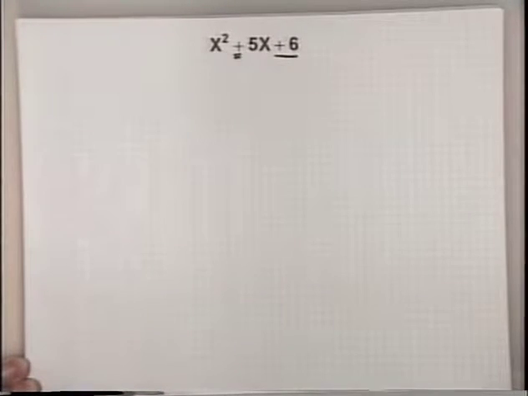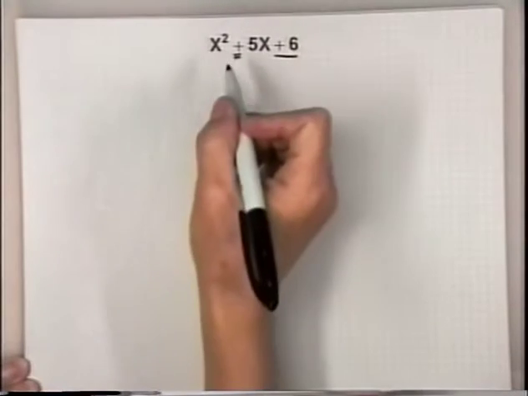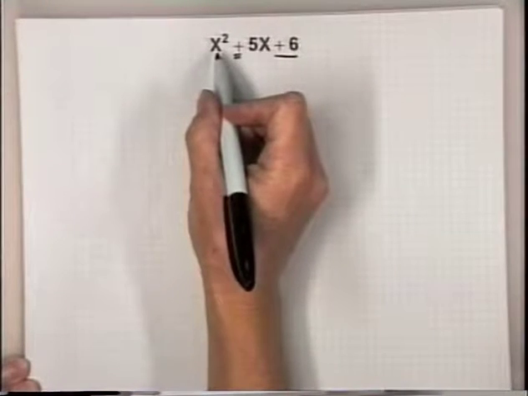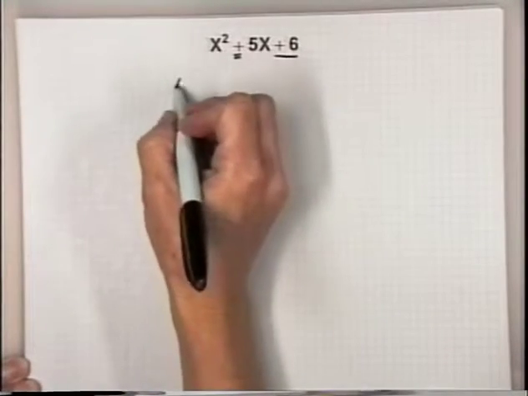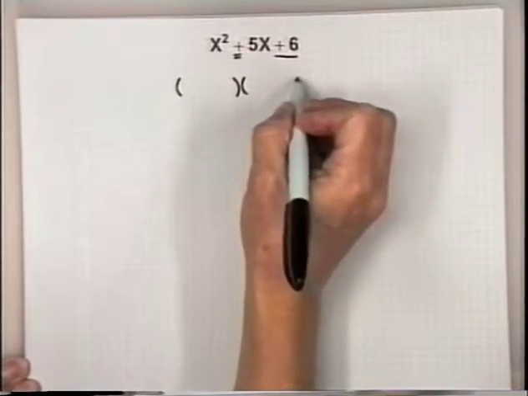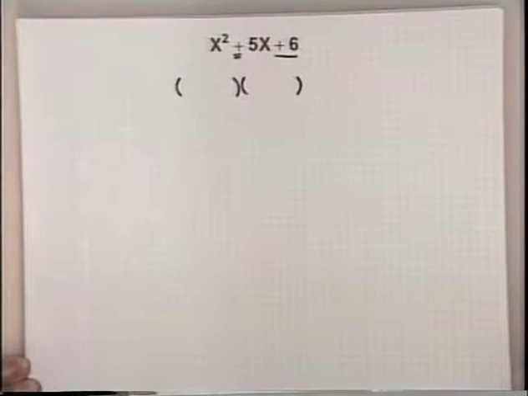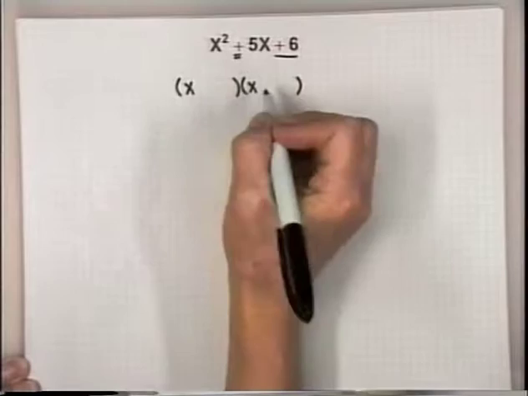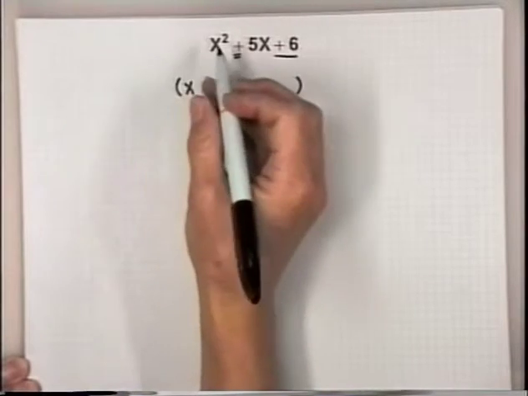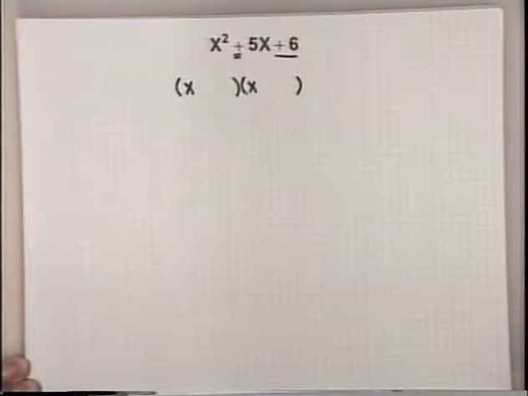Now, we will start our factoring looking at the first term here. To get x squared, we know we would multiply x times x. So in our two parentheses that we're going to use for our binomial factors, for our first terms, we want to write x times x for this first product of x squared.